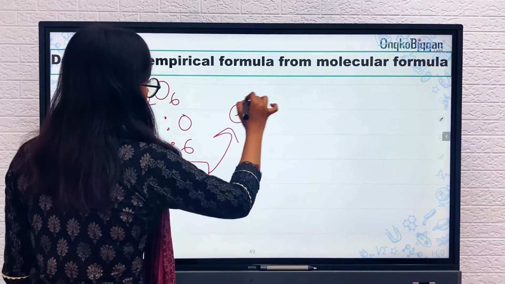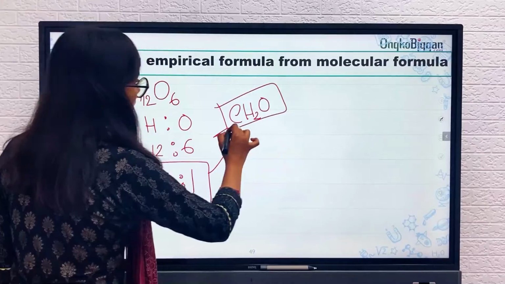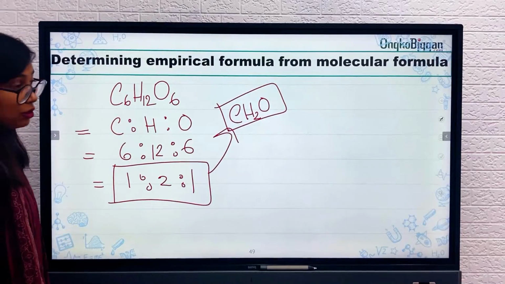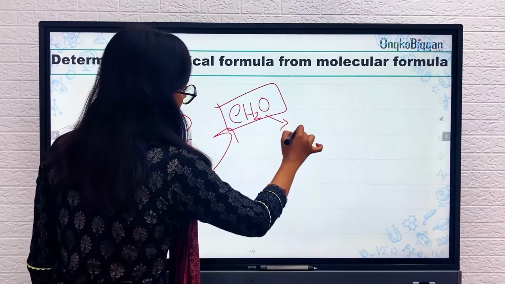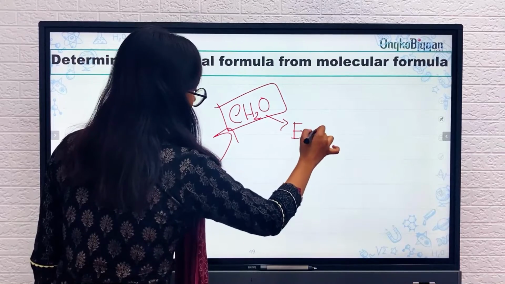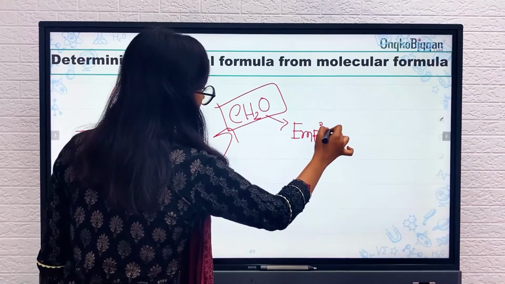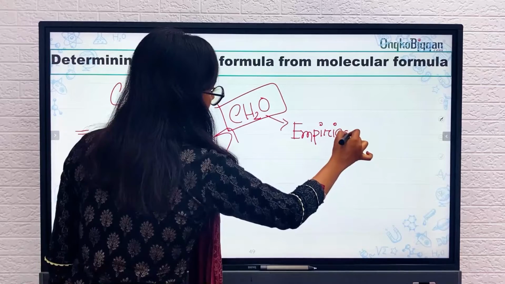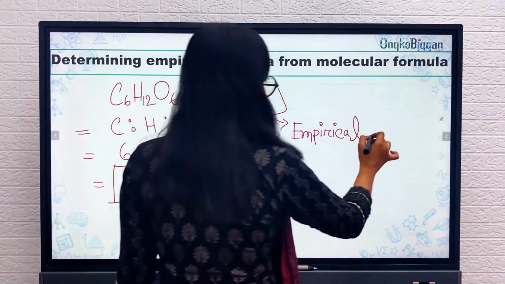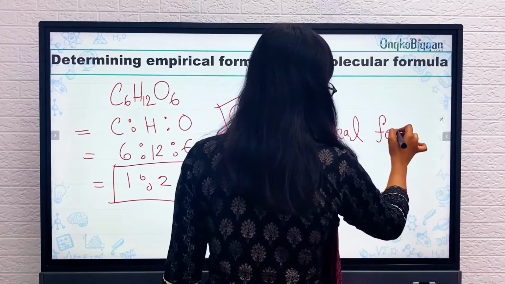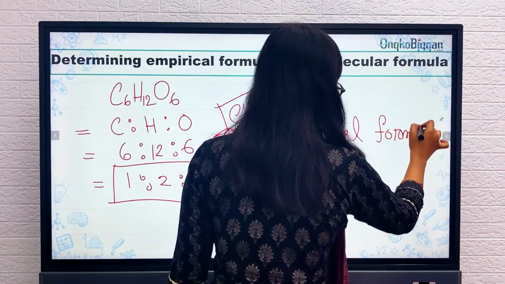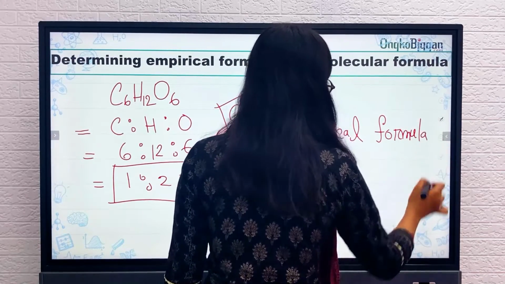And previously we have seen that this is the empirical formula of glucose. Okay, this is the empirical formula.